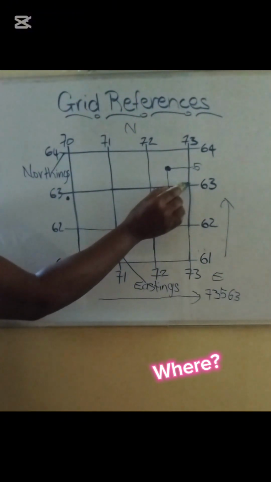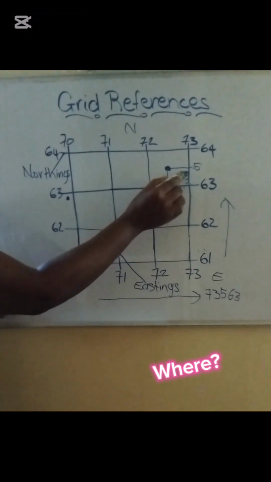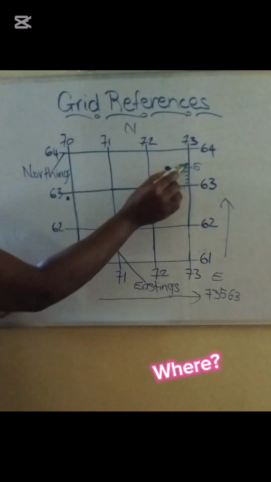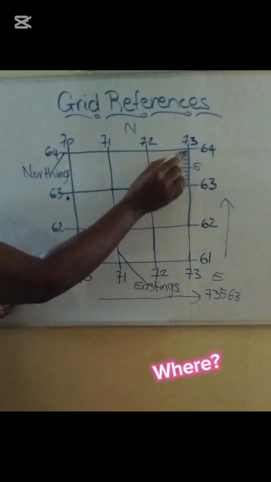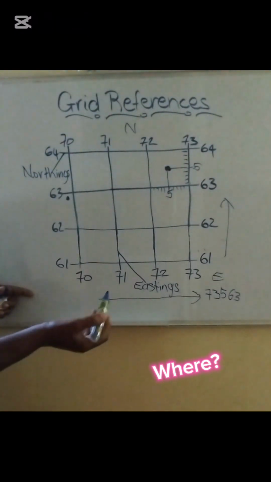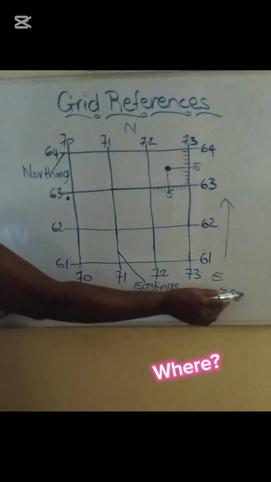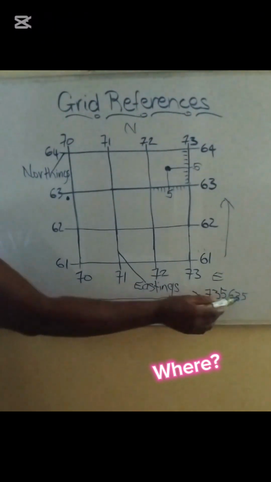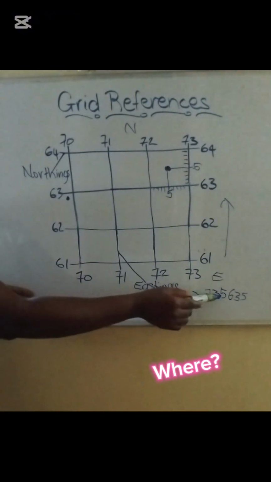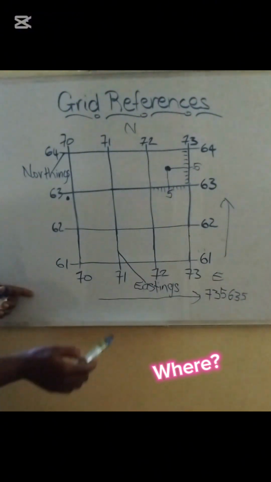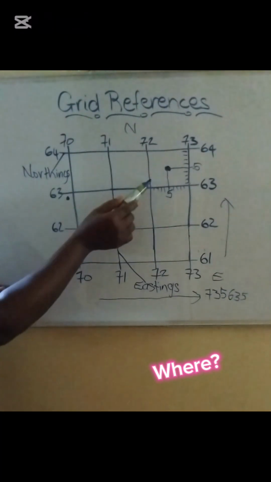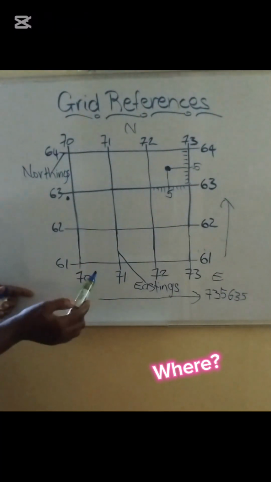And we do segmentation again. 1, 2, 3, 4, 5, 6, 7, 8, 9, and that makes 10. Okay, so there it would be 73, 5, 63, 5. That would be the 6-figure grid reference for the farm.